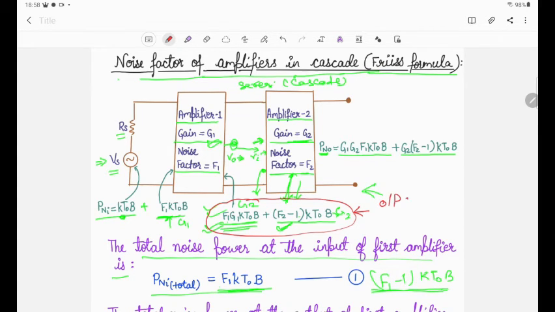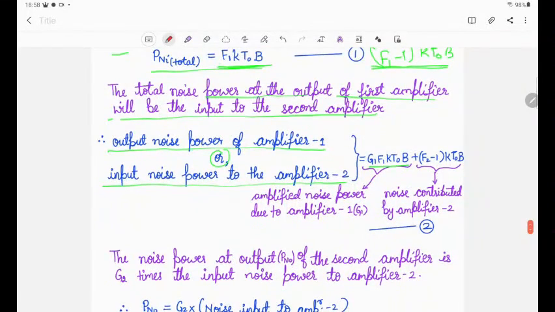This is the output of amplifier 1, or the input of amplifier 2. The same is written here: G1 F1 KT0B plus (F2 minus 1) KT0B, where the first term is the amplified noise power due to amplifier 1.